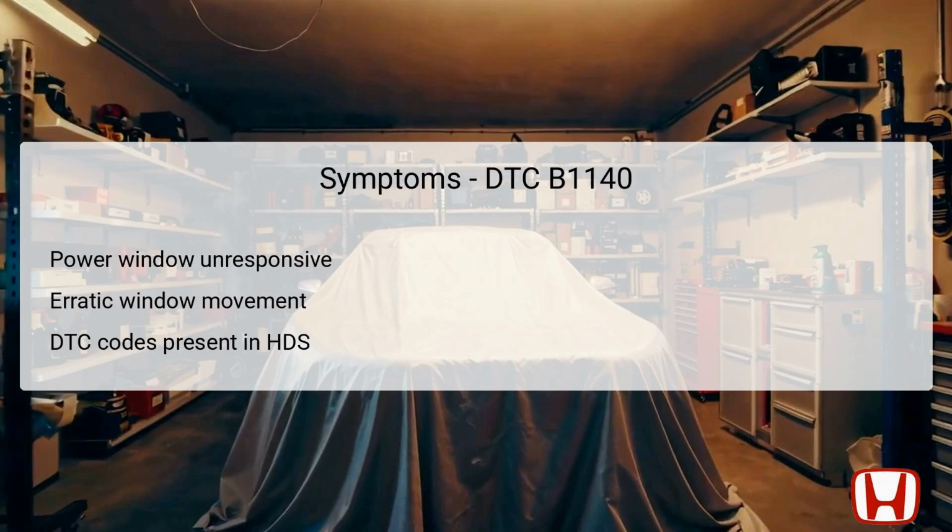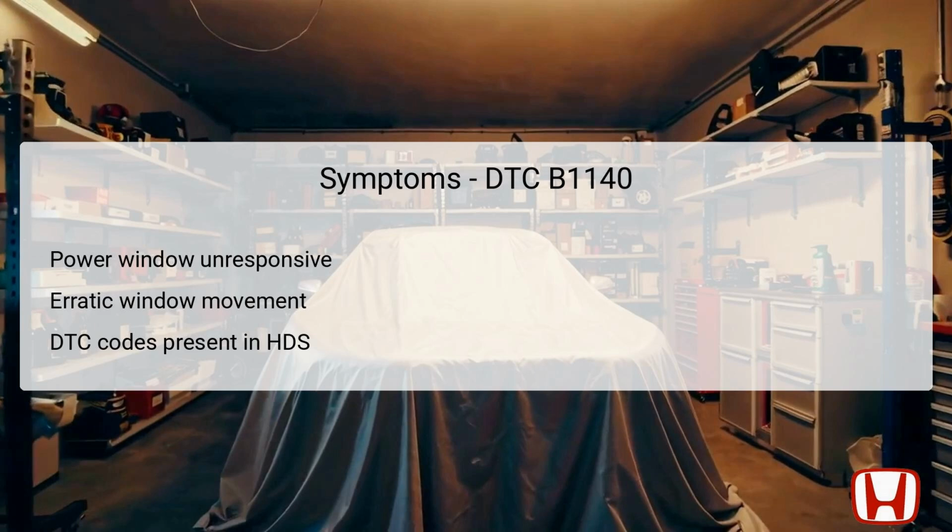When dealing with DTC B1140, you might observe several symptoms indicating trouble in the power window system. Firstly, the driver's power window may become completely unresponsive. The switch may not react when pressed, leading to frustration and lack of convenience.